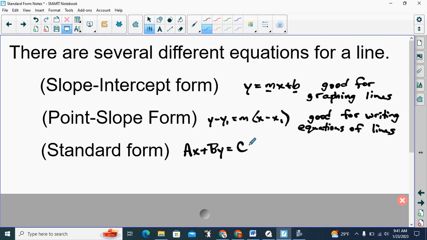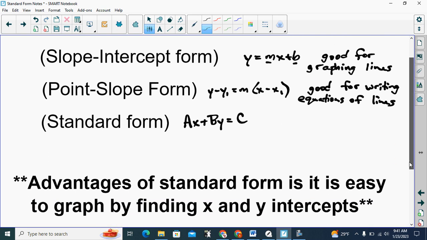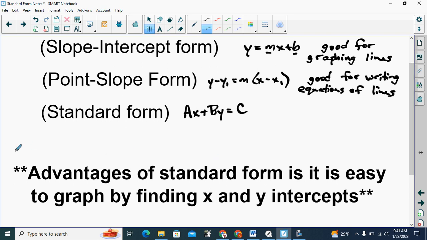It does have a b, but it's a capital B. This is not the y-intercept like the lowercase b is up here. So it's not great because it doesn't tell us the slope. It doesn't tell us the y-intercept, but it does make it easy to find the x and the y-intercepts. So if we're given it in standard form, it is easy to graph by finding the x-intercept and the y-intercept.